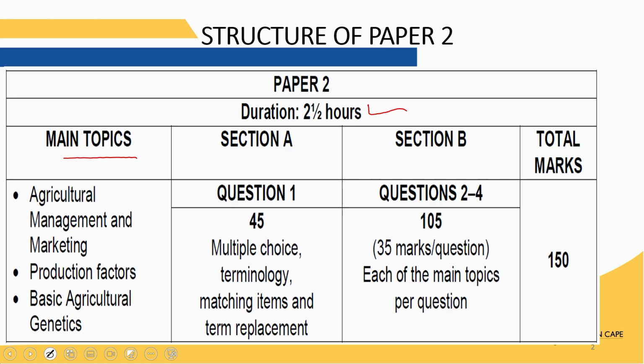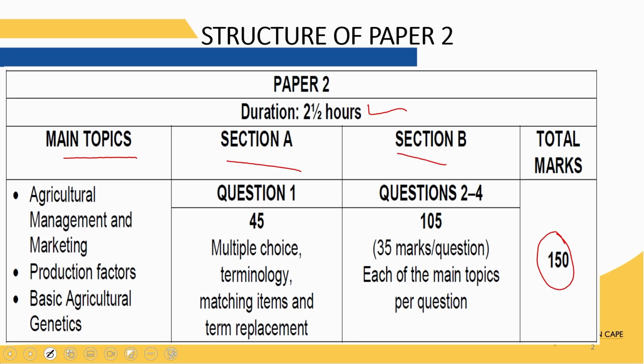Before that, our paper is divided into 2 sections, that is section A and section B. And also the total mark for this paper is out of 150 marks. Then we will distribute our marks according to the questions.